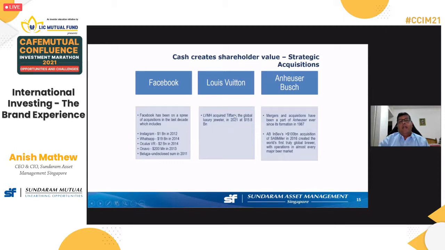Similarly, LVMH used the COVID crisis to acquire Tiffany, a global luxury jeweler, at a good price. And the global brewing company Anheuser-Busch acquired SABMiller, the number one and number two in the brewing business globally, and was able to create a truly global brewer.